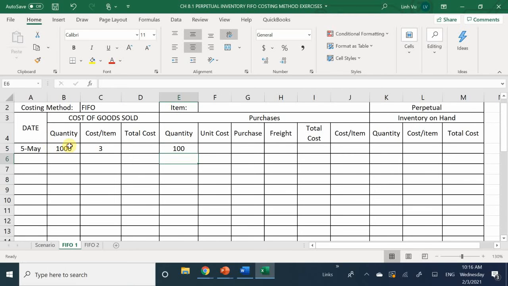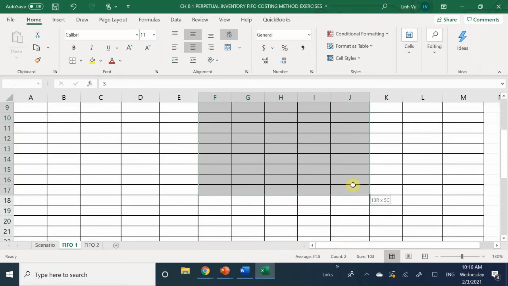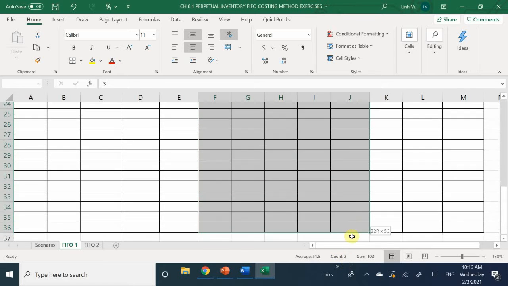So I'm in the wrong section. I'm supposed to be here. So 1,000 for quantity, $3 each, and the freight is $100. Okay, so I'm going to go ahead and format my cells real quick.